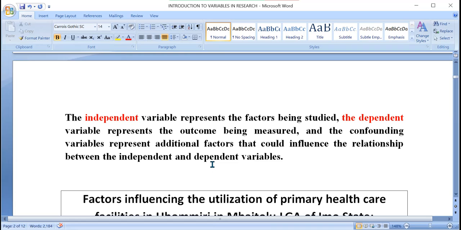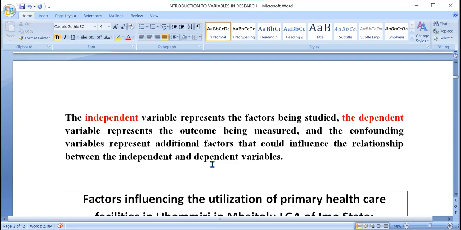Now, when the person is uninformed about family planning, his knowledge towards family planning will be reduced, right? So that factor that receives the effect of the independent variable is known as a dependent variable.